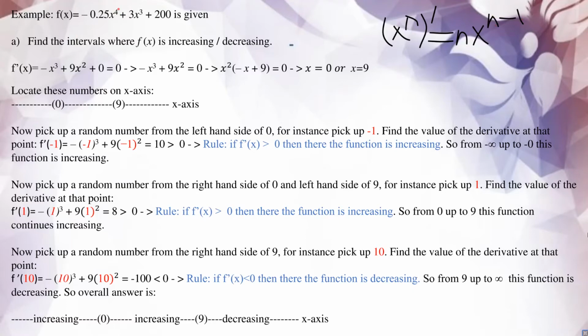So 4 comes to the front, power minus 1. 4 minus 1 is 3. Now 4 times 0.25 is 1, and there is a minus here, so the answer is -x to the power 3, and I don't bother writing 1. You can use your calculator, of course.